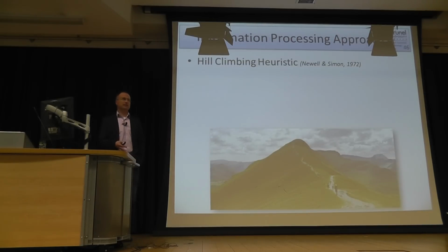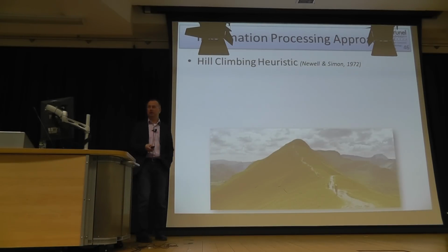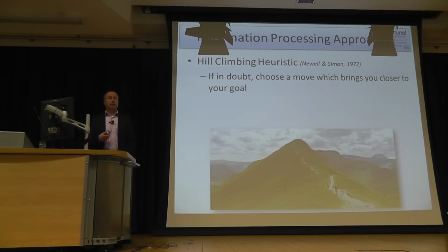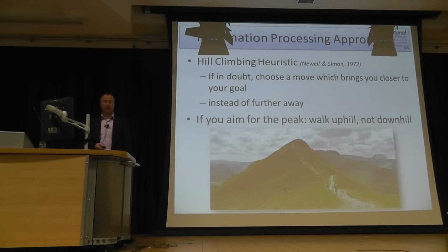As an example, the hill climbing heuristic was proposed by Newell and Simon as well. The heuristic is: if in doubt, or you don't know the solution, choose a move which brings you closer to your goal, instead of further away. So if you aim for the peak, you should walk uphill and not downhill. It's very likely that this brings you closer to your goal.